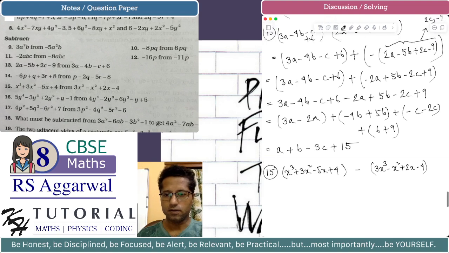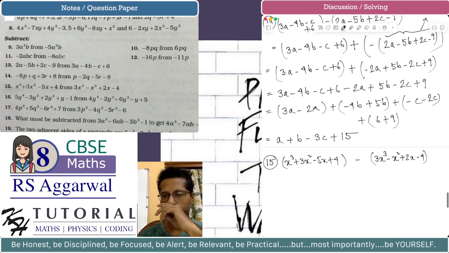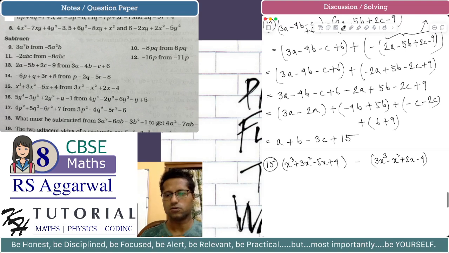Instead of taking the additive inverse of an algebraic expression, you can do this directly in one step. Open the bracket of the first algebraic expression; there is no negative sign before it, so it opens as it is: x cube plus 3x square minus 5x plus 4.